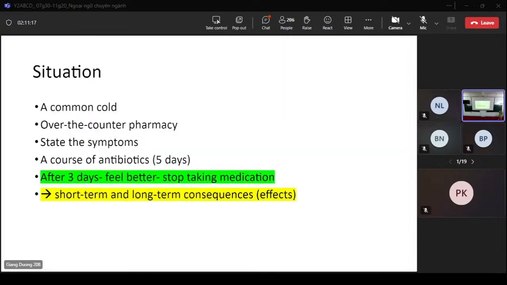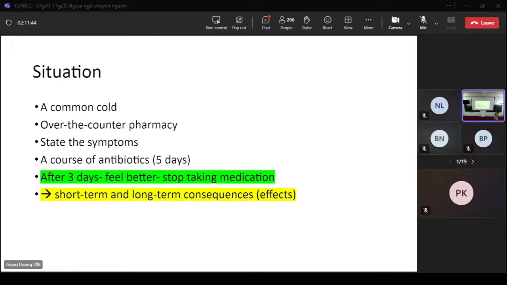This is my situation. A common cold. I went to the over-the-counter pharmacy. You know over-the-counter pharmacy? Over-the-counter pharmacies are pharmacies on the street, you see? Pharmacy, Long Châu or any local pharmacies around your neighborhood.